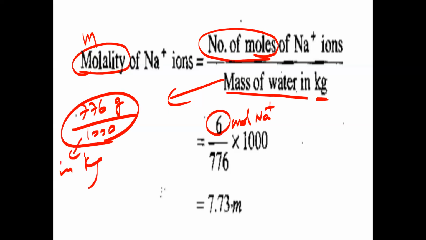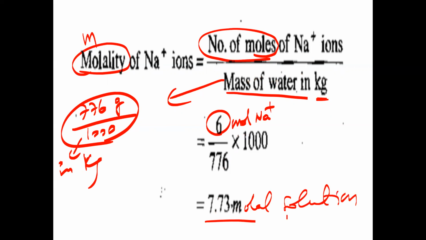It will be inverted, so 1000 goes up. 1000 into 6, 6000 by 776, will be equal to 7.73 molal solution.